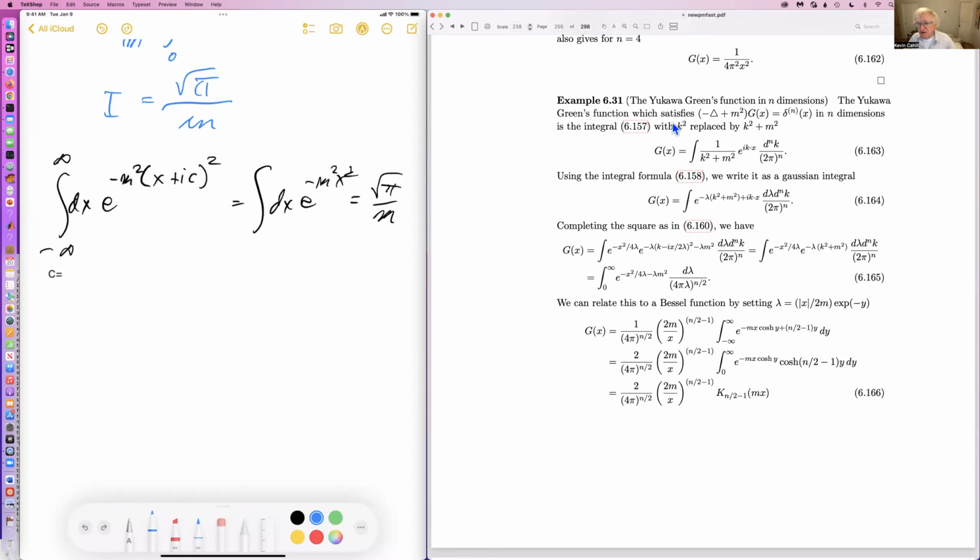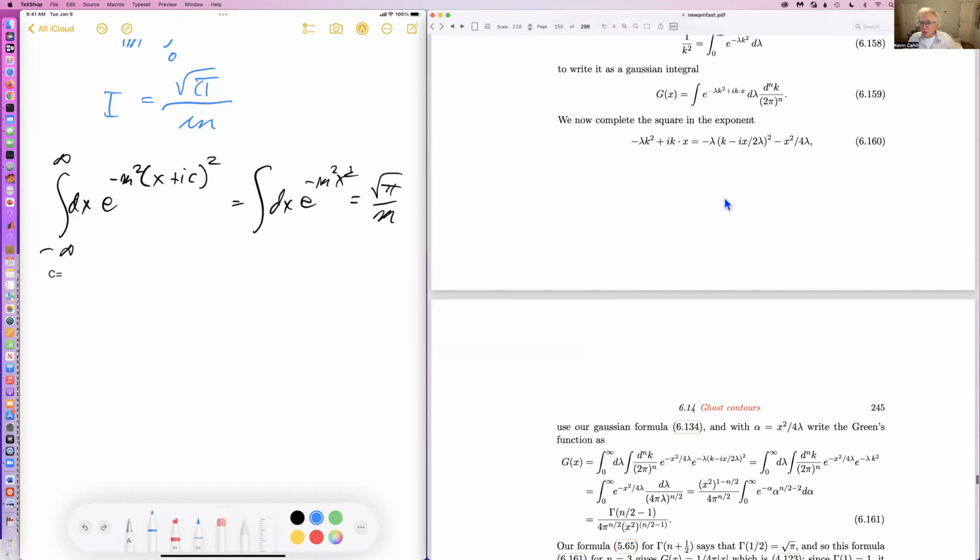How about the Yukawa Green's function in n dimensions? Well, that satisfies this equation. And so we get this expression, and we can use the previous formula. Oh, I see it's a little hard to show what that previous formula was. Well, it's 158.